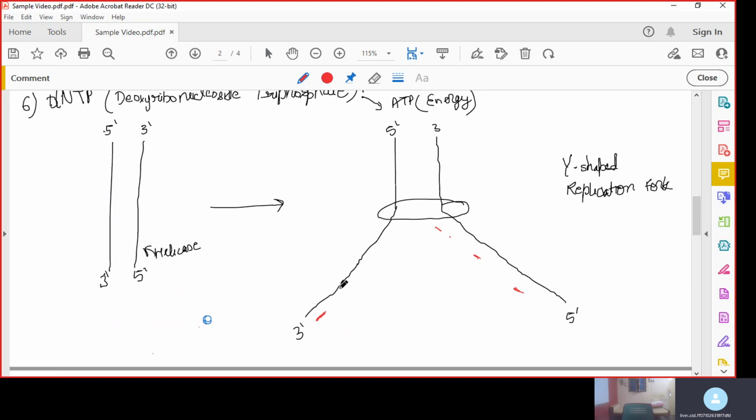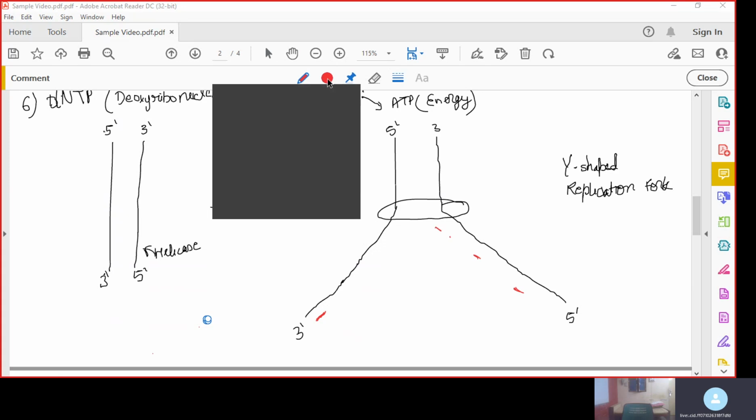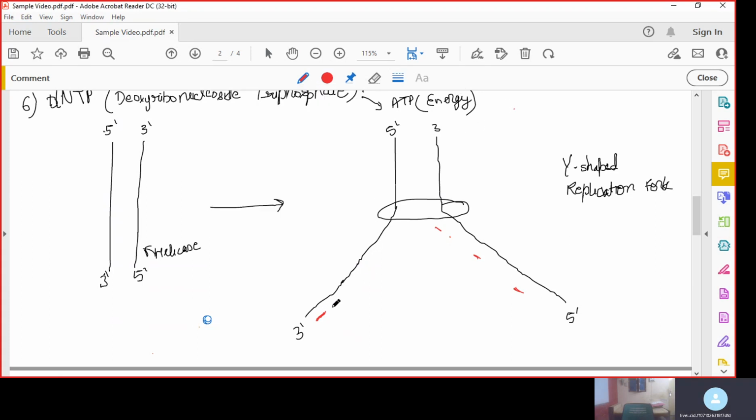Now comes the DNA dependent DNA polymerase. It synthesizes DNA in the 5' to 3' direction. Since this is the 5' direction, it synthesizes DNA in the 5' to 3' direction, and the synthesis occurs continuously. This is known as continuous synthesis, and this is the leading strand.